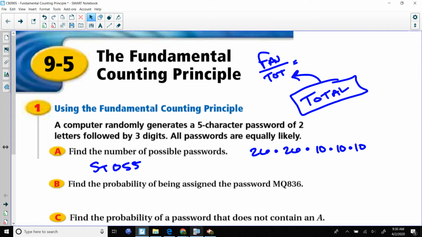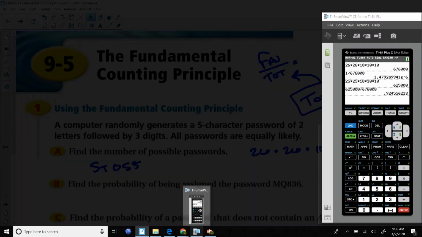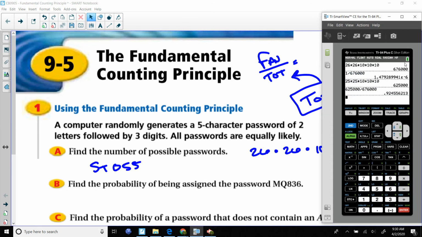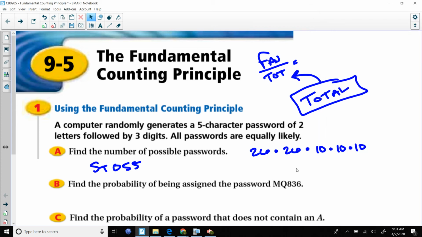Here, we'll bring up our calculator. We have 26 times 26 times 10 times 10 times 10 gives us 676,000. All right, so that 676,000 ends up being the total that we were looking for up here. All right, go team.